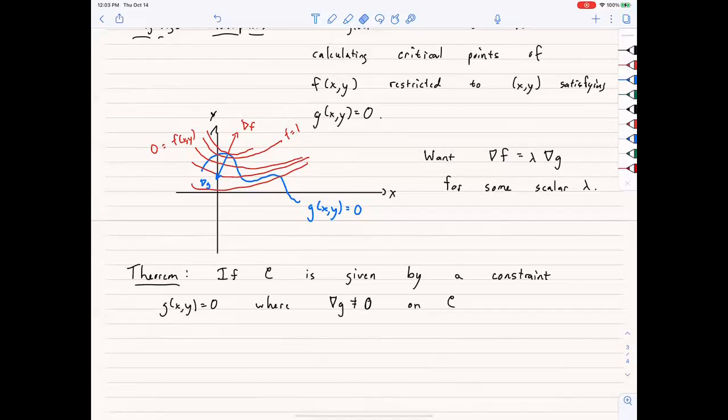We'll also assume that f of xy is differentiable on C.